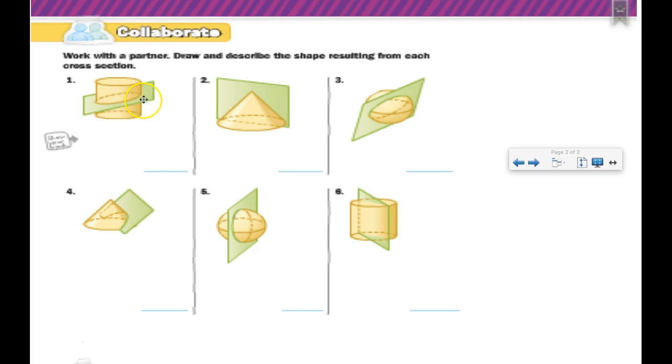It's at an angle, so it's going to change the resulting shape. I don't know if you can envision this, but if you did this, the result would be not a circle, but something that's kind of egg-shaped. The idea here is that it's an oval. It's more of an oval shape than a circle.